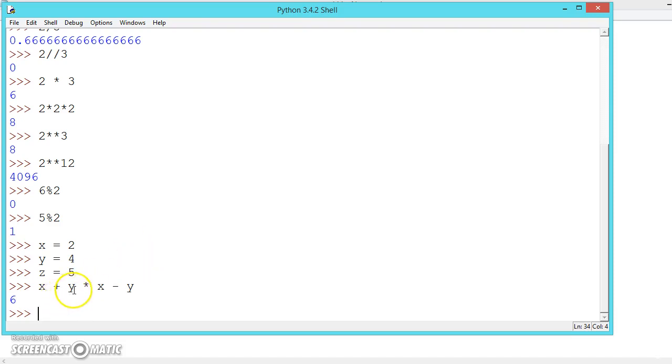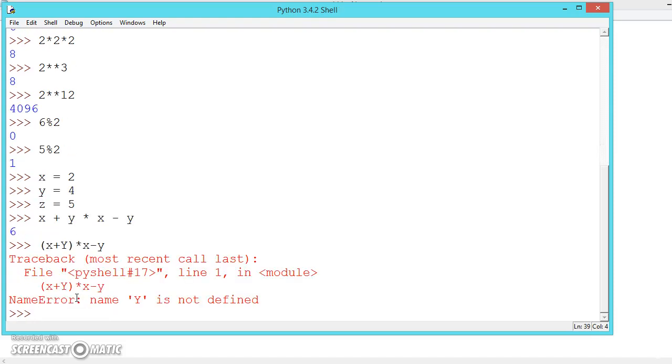Suppose we want to add x plus y first. So what we can do? We can place parenthesis or brackets. Multiplication of x minus y. Here it is showing an error because we have typed the y as a capital Y. Parenthesis x plus y, multiplication x minus y.